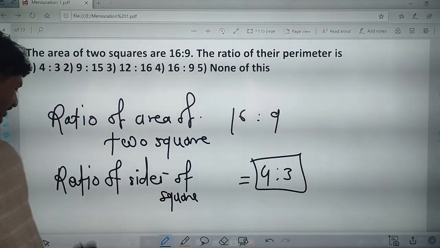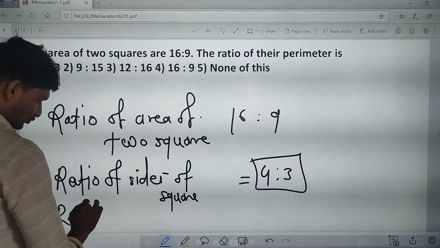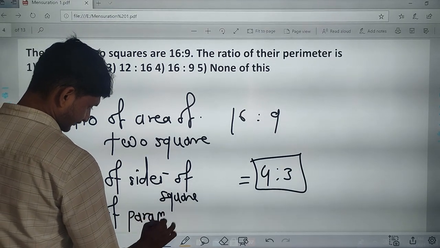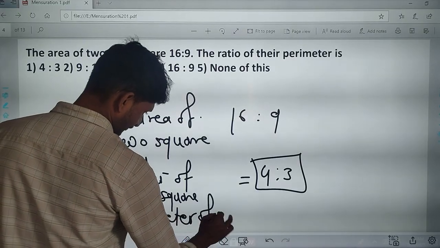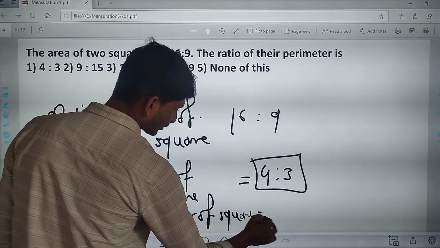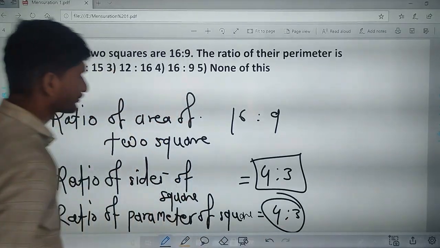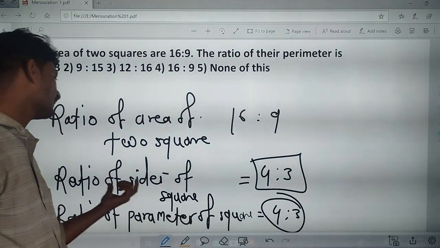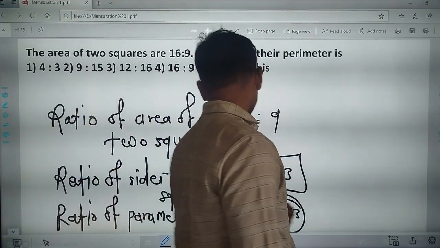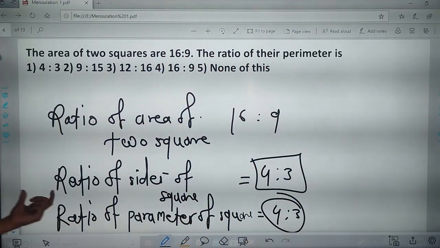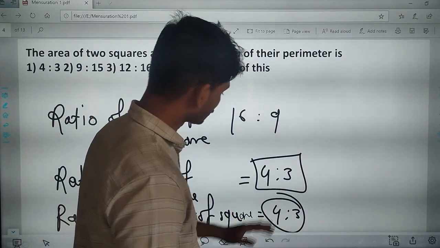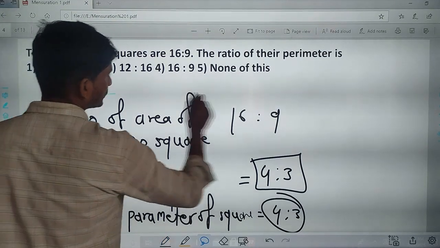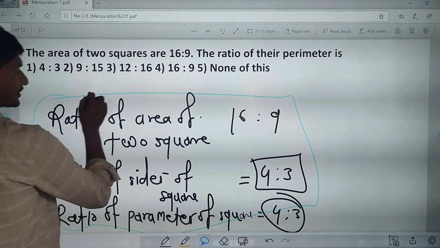To summarize, the ratio of the areas of the two squares is 16:9, then the ratio of sides of the squares is 4:3, then the ratio of perimeters of the squares is also 4:3. Your answer is 4:3.